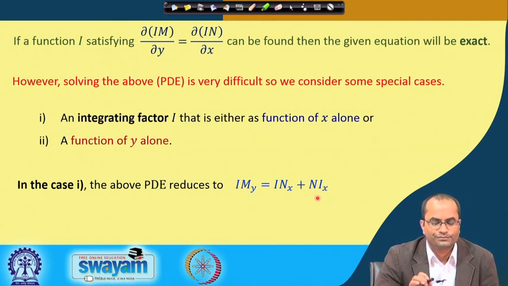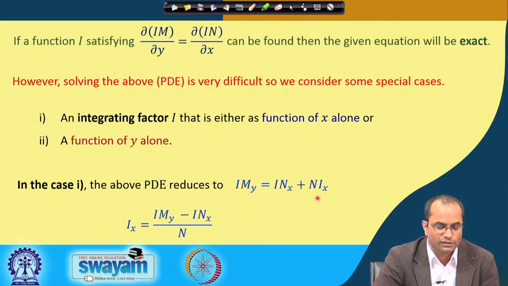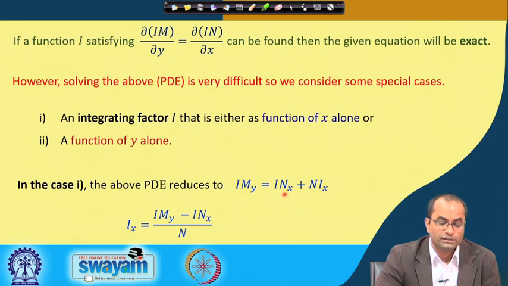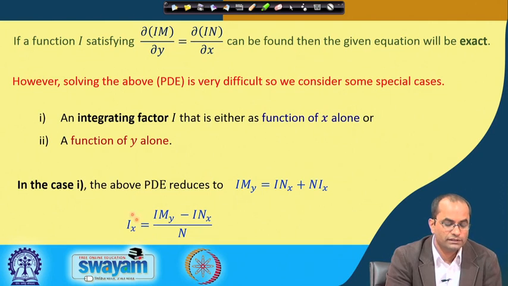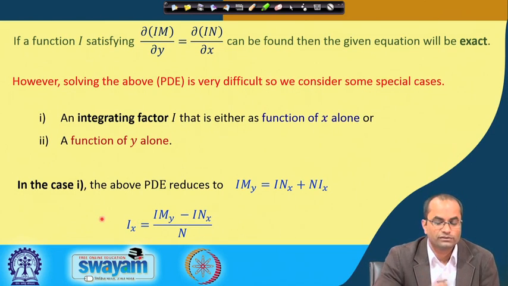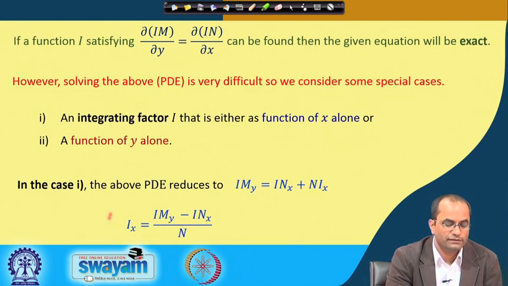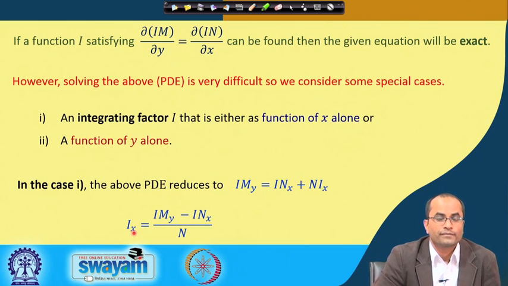So, we have this rather simplified form of the given differential equation, which tells us that I_x is nothing but I M_y minus I N_x, divided by N. But again the purpose is not served, because here dI/dx, I is a function of x alone, so this is the derivative dI/dx.